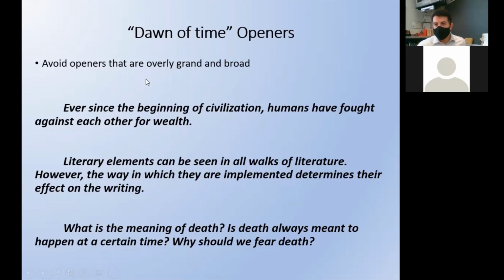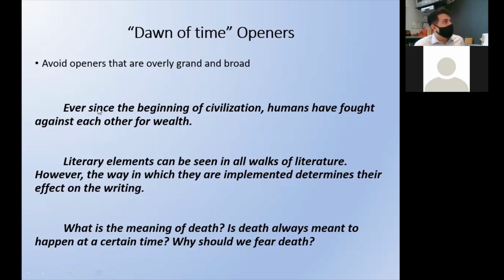So here are a few that I took from student essays from last year. Ever since the beginning of civilization, humans have fought against each other for wealth, right? So you see that, and that's true, but is anyone surprised by that? Did anyone not know that humans have always fought against each other for resources? I think that's pretty common knowledge.